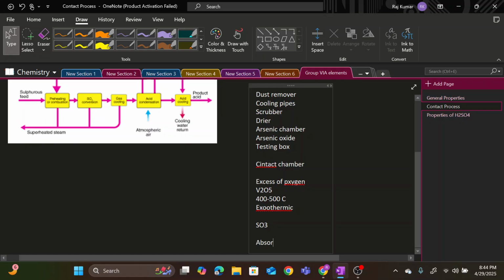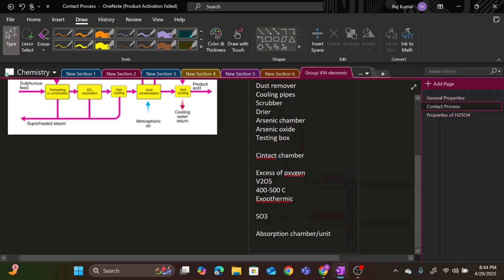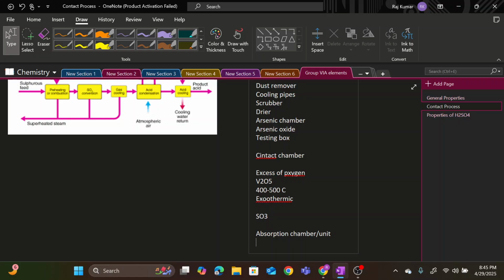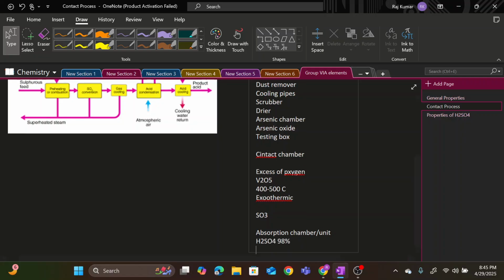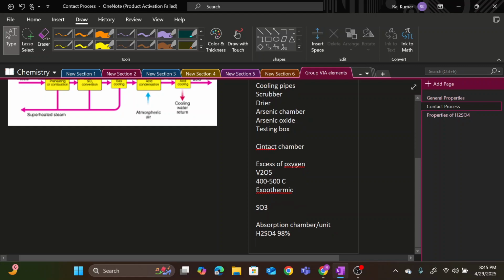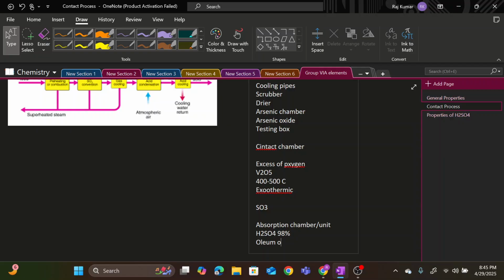Within the absorption unit, the sulfur trioxide is absorbed into sulfuric acid with a concentration of 98%. When it is absorbed into the sulfuric acid, it forms oleum or pyrosulfuric acid.